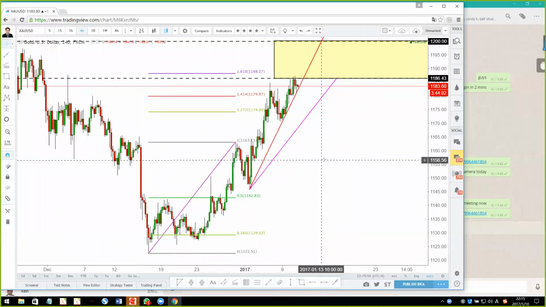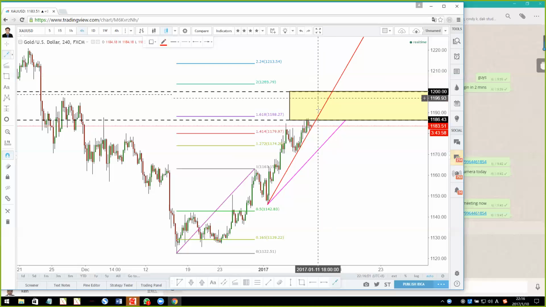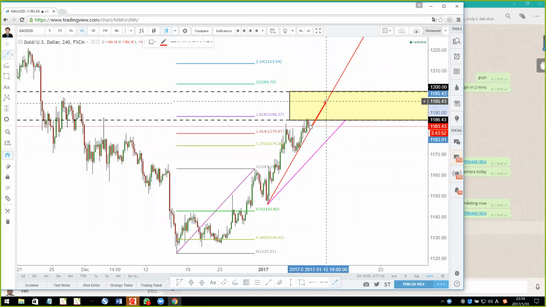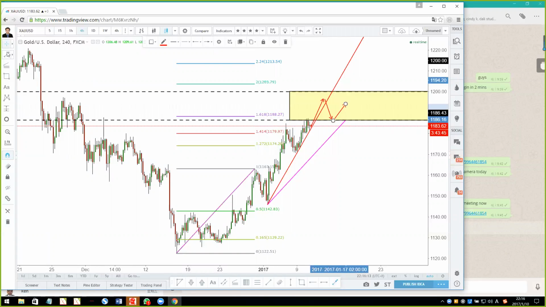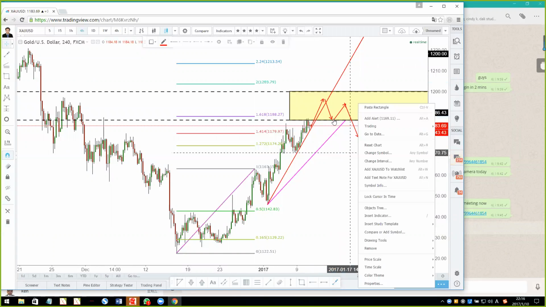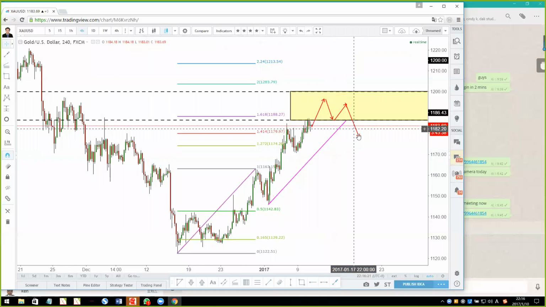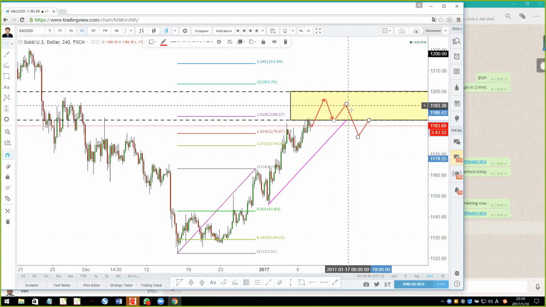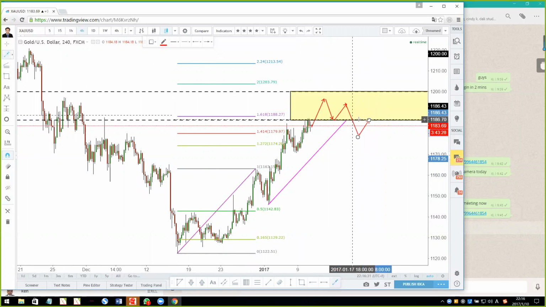But what we can do is anticipate that the uptrend will terminate in this yellow zone. Once the gold forms a double top inside this resistance area, you can consider shorting the pullback. So wait for the price to form a double top, then find a pullback or 2618 trade to short.